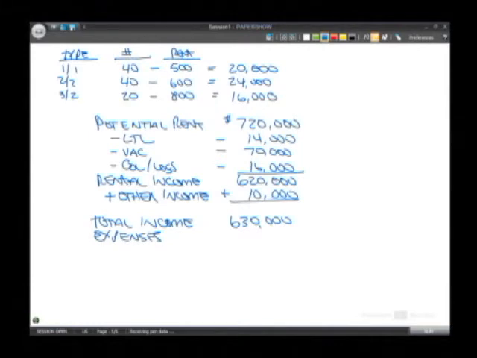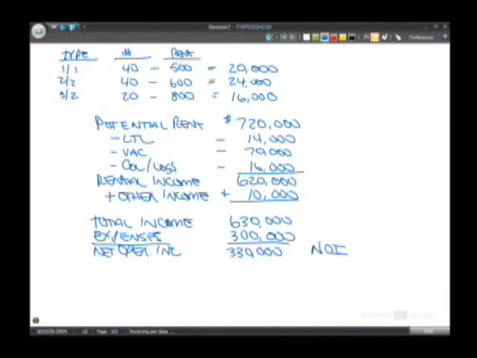Let's plug in expenses at $300,000. Now, income minus expenses equals what? That's right. Net operating income, or NOI. Gives us $330,000 in net operating income. We'll go into expenses in another video.